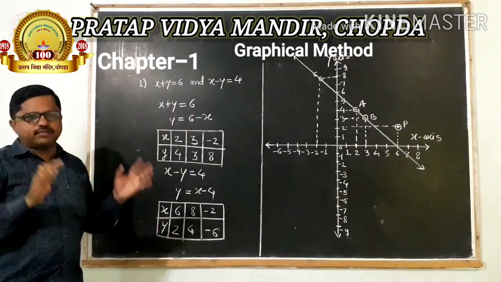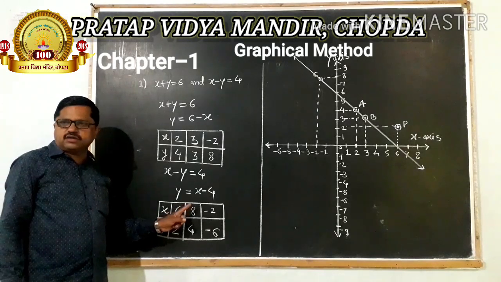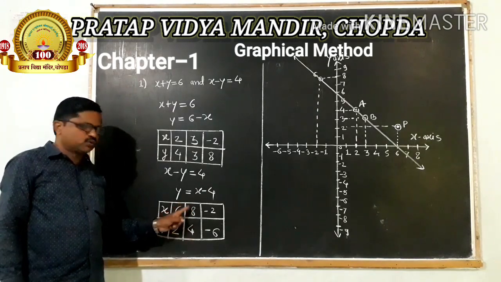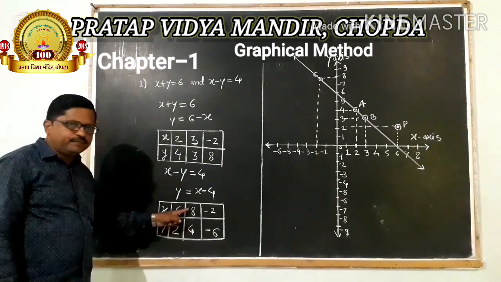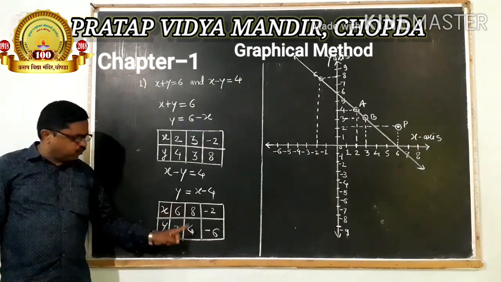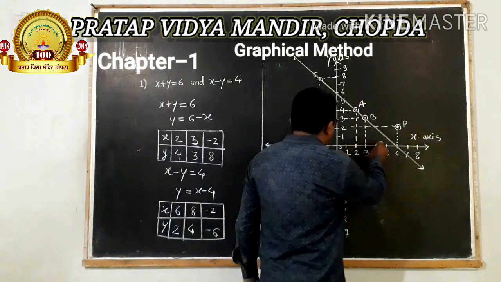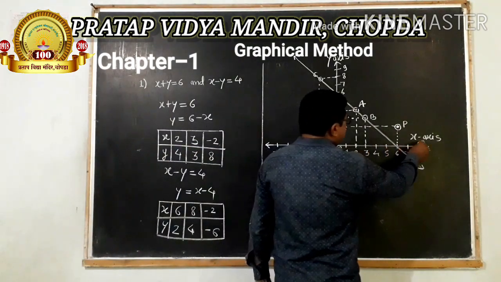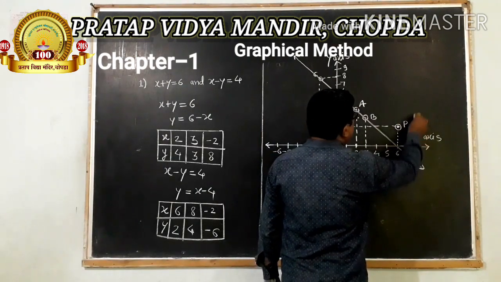By using a similar way, take another point having the coordinates x coordinate 8, y coordinate 4. So 8 on the x-axis and 4 on the y-axis. So it will come here.